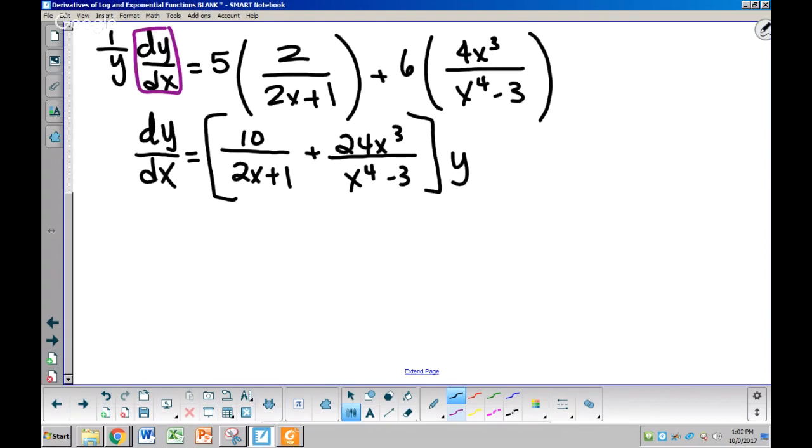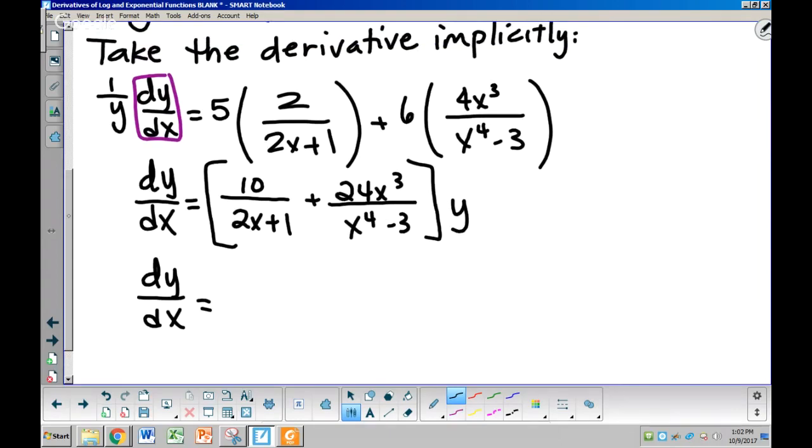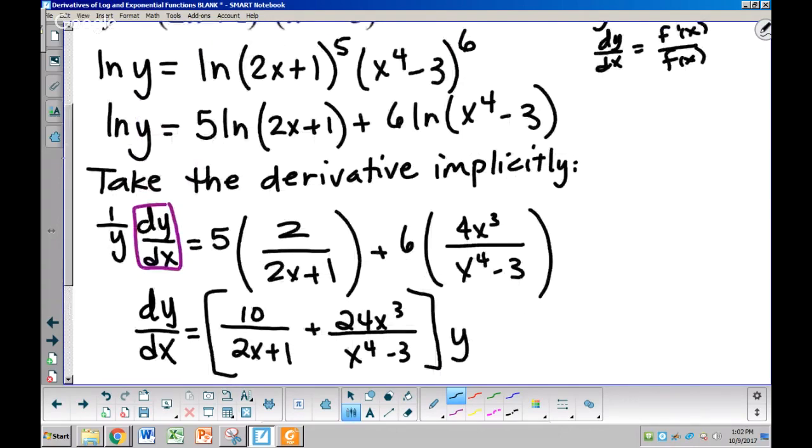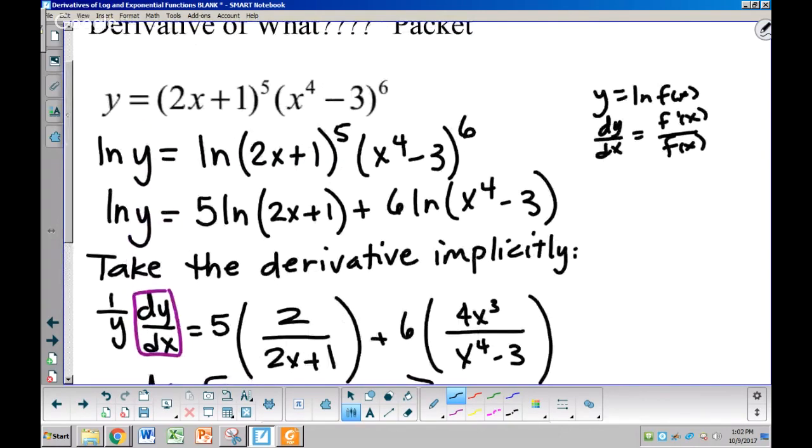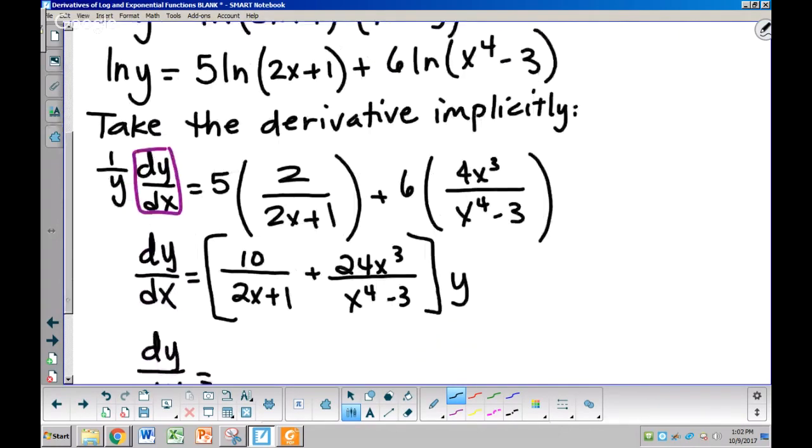Now, if I gave you a point, could you find the slope? Okay, now if I were to ask you what the derivative was as a function of x, what could I replace y with? Yes, the very first part of this. So (2x + 1) to the 5th.